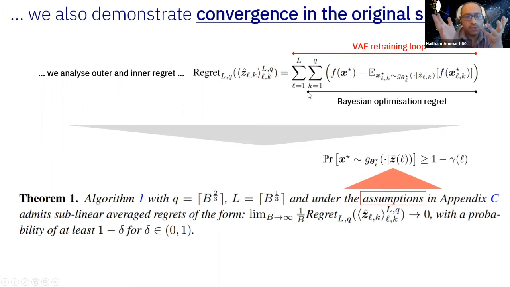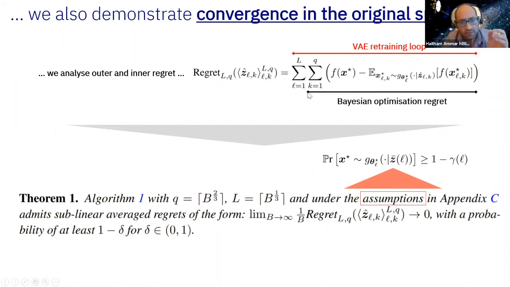So again, this assumption is new. It's not common to BO, and it's less restrictive than assuming you would be able to sample X star at any L loop, but it's still an assumption which hopefully we can remedy in the future. Now, with that being said, we did an analysis of this assumption in our paper, and we showed necessary and sufficient conditions in order to guarantee convergence.